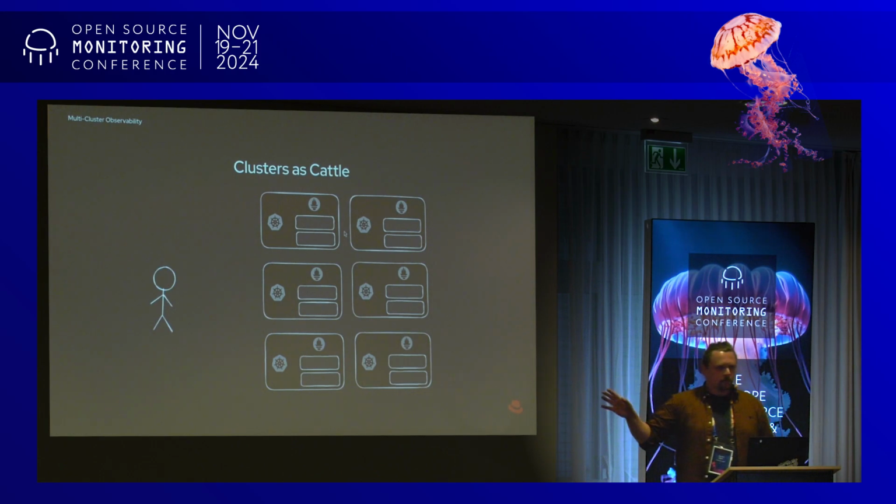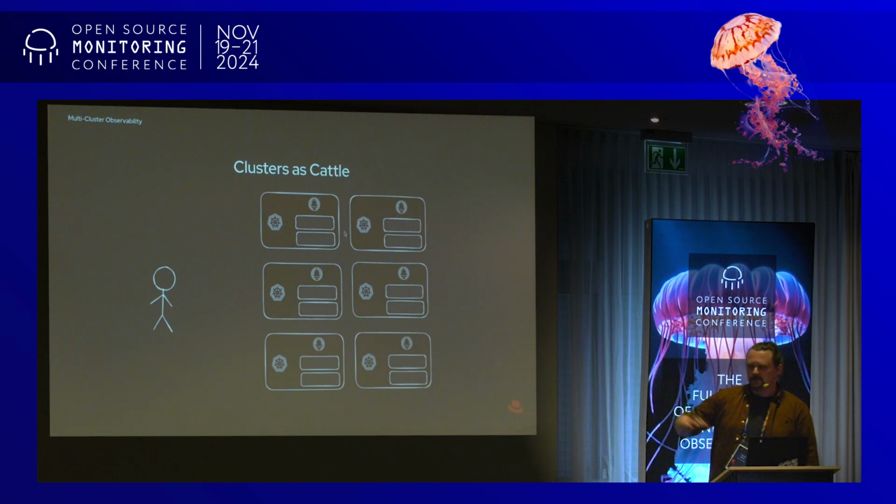So in general, in that use case, we're treating clusters as cattle. So hands up, who's aware of that analogy? Pets versus cattle. Okay, so many, so I'll explain a bit. It's basically an analogy from agriculture. If you have pets, so your dog, your cat, you give it a name, you care about it, you are sad when it's sick, you're very sad when it dies.